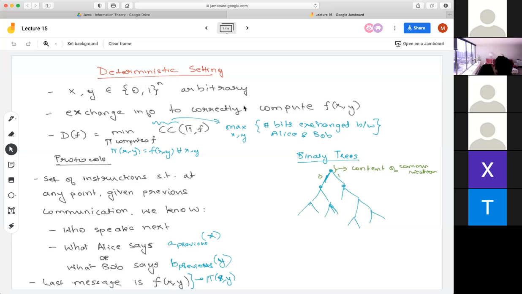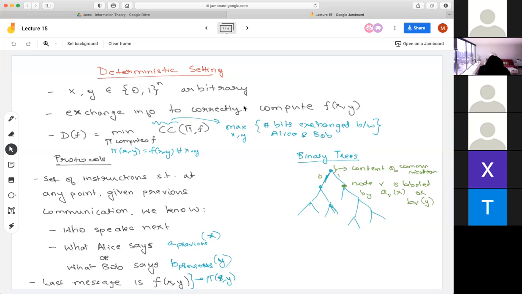And what we said can be written in the form that each node v is labeled by a function a sub v of x or b sub v of y. So it's a function which either says that Alice is supposed to speak, and this function depends on the previous communication and on Alice's input, or it's labeled by b sub v.